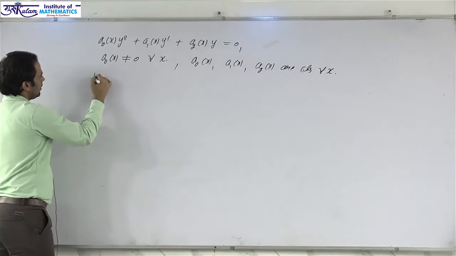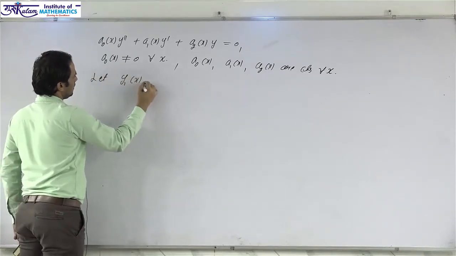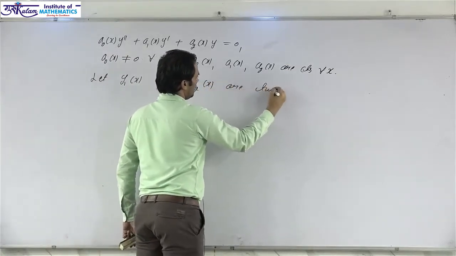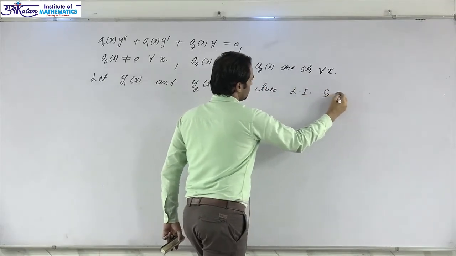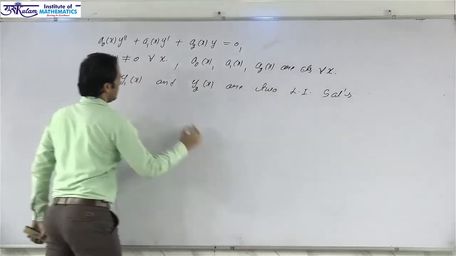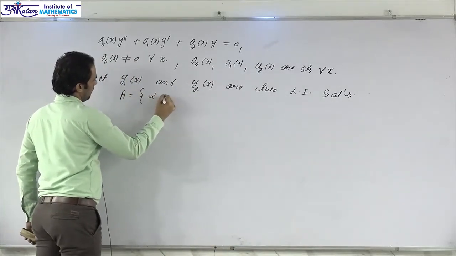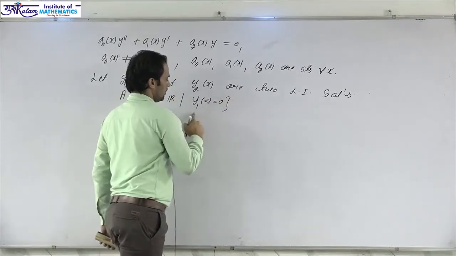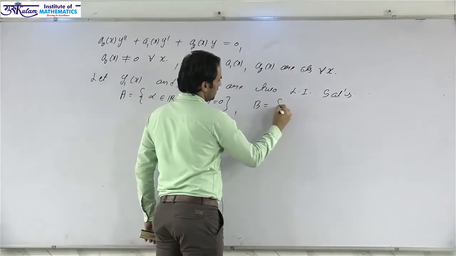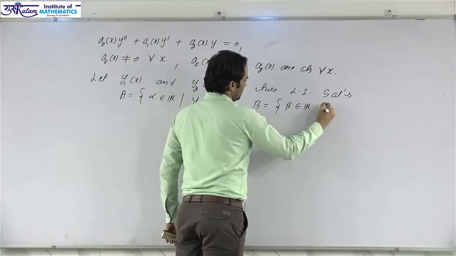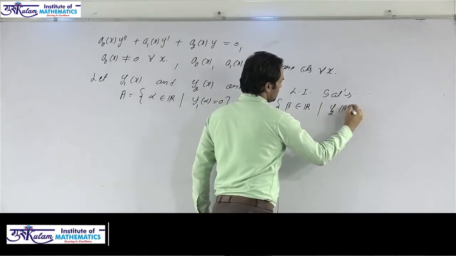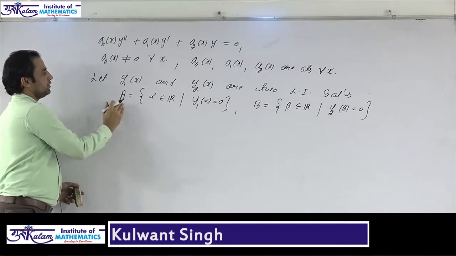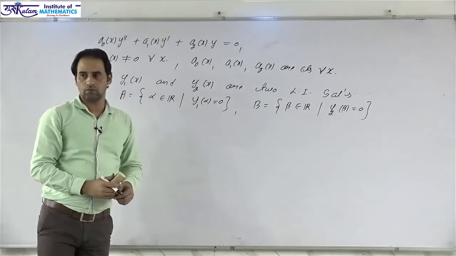So, assuming that y1(x) and y2(x) are two linearly independent solutions, and A is the set of alpha belonging to R such that y1(alpha) is 0, and B is the set of beta belonging to R such that y2(beta) is 0, that is, A is the set of zeros of y1 and B is the set of zeros of y2.